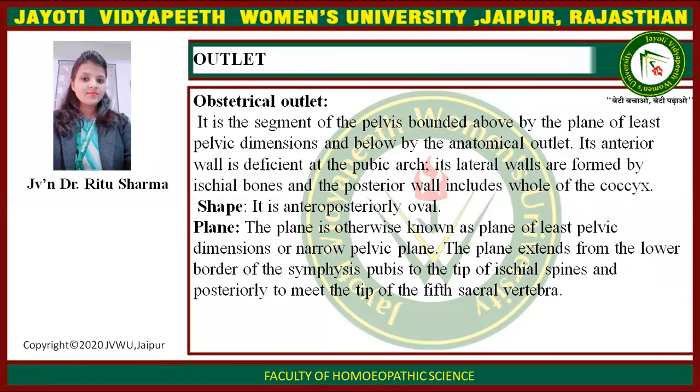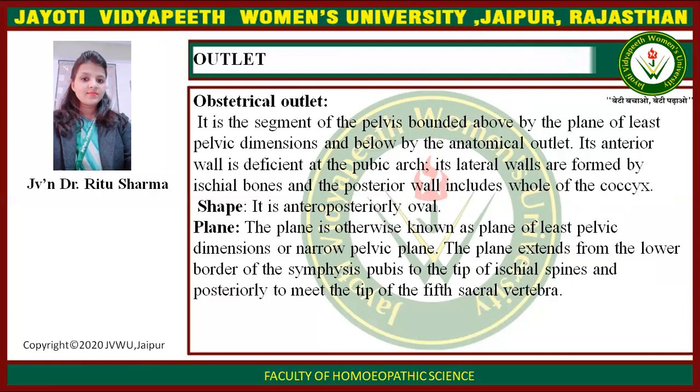It is the segment of the pelvis bounded above by the plane of least pelvic dimensions and below by the anatomical outlet. Its anterior wall is deficient at the pubic arch. Its lateral walls are formed by the ischial bone and the posterior wall includes the whole of the coccyx.